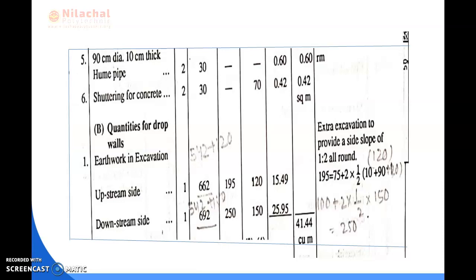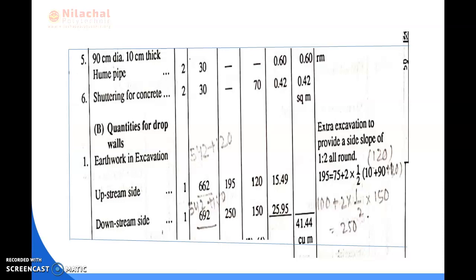Here, the question already gives the extra earthwork excavation to provide a side slope of 1:2 all around. In the case of the barrel, we already considered the extra earthwork excavation.